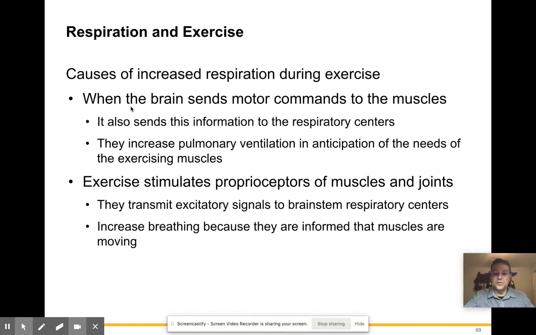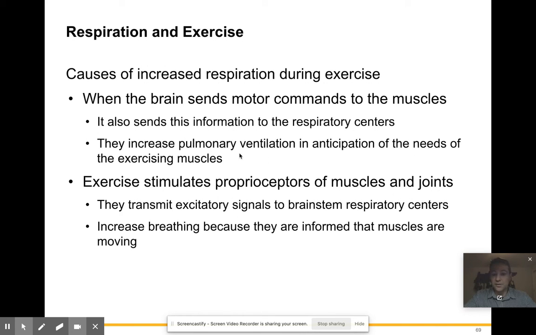Because the more you use the muscles, the more oxygen the muscle is going to need. You have to replenish all the oxygen that the muscle is using during the action. So the brain sends the same basic information to the respiratory centers when it sends a neurological impulse to the actual muscle it's controlling.